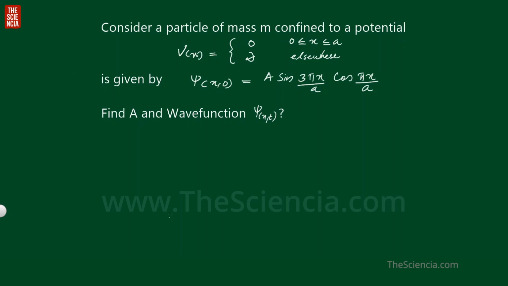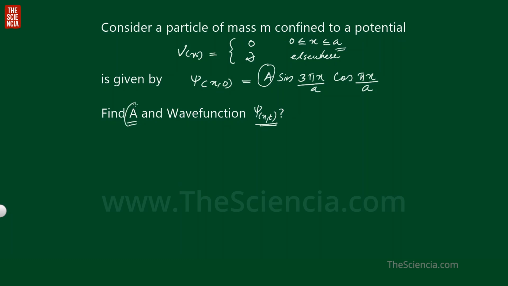Let us consider one example problem. Here a particle is confined to a box of length a, right? The wave function is given, and the question is to find a, where a is the normalization constant, and the wave function at time t. That is, we have to find the normalization and the time evolution. So how can we do this?